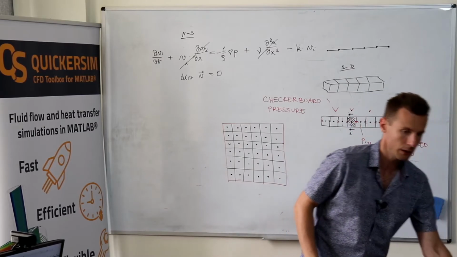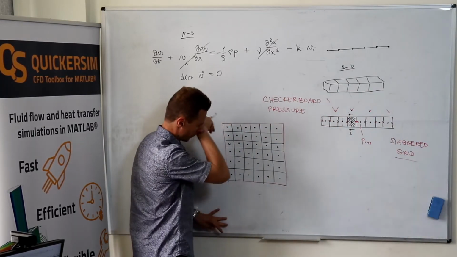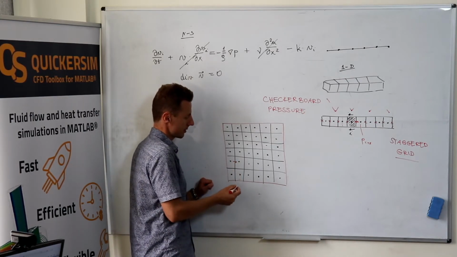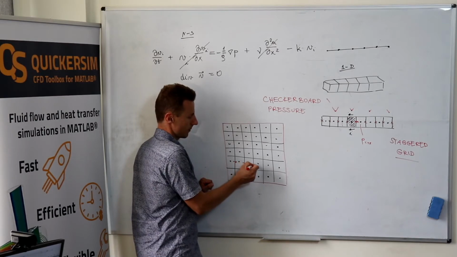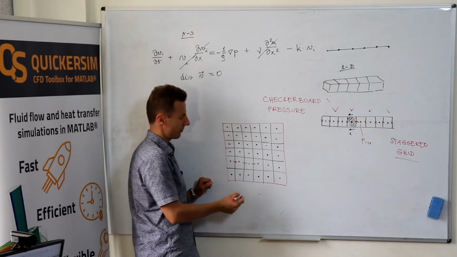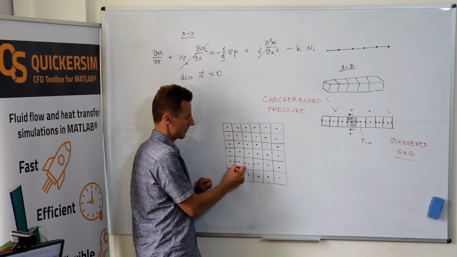Then you're storing the x components of velocity at these interfaces, and you're storing the y components of velocity at these faces.